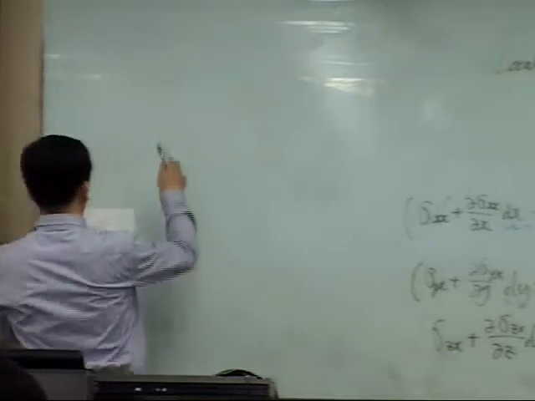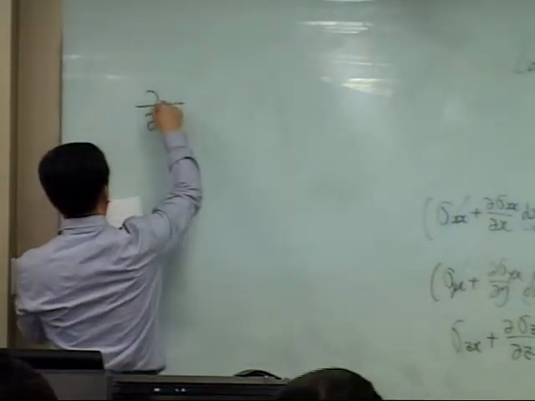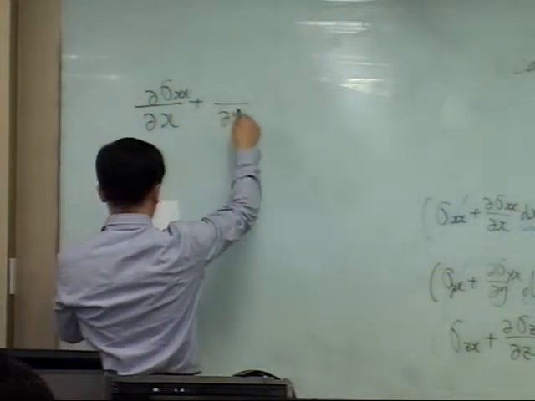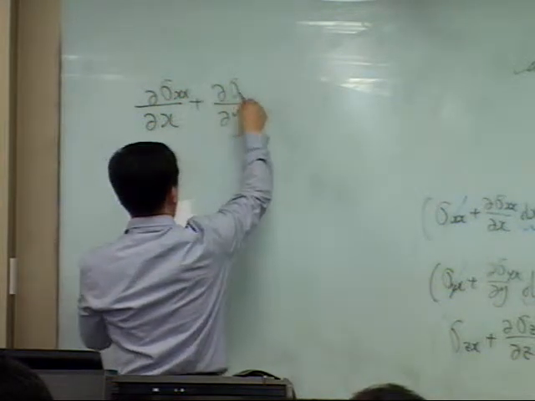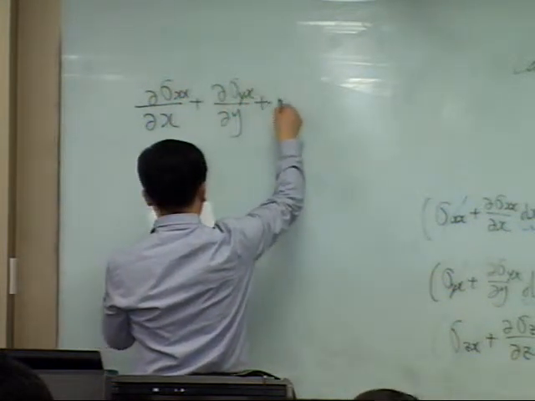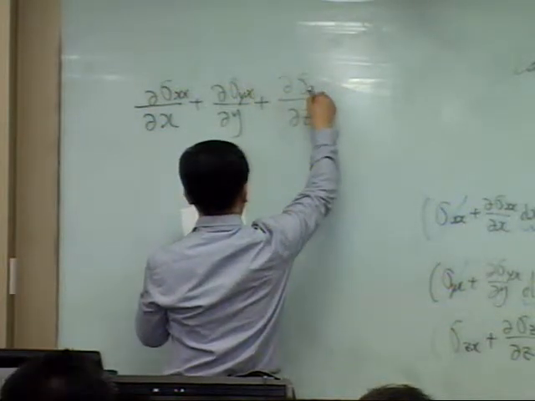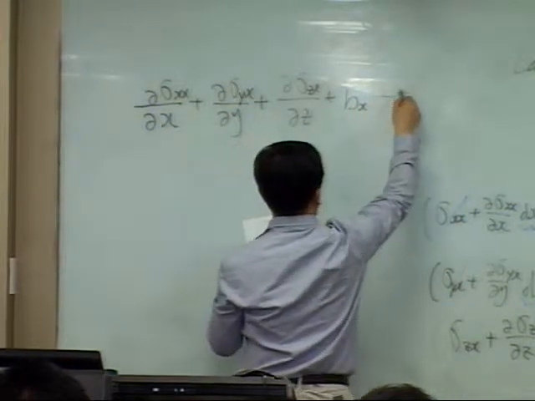So finally we have the equation: partial sigma xx over partial x plus partial yx over partial y plus partial zx over partial z plus Bx equals 0.